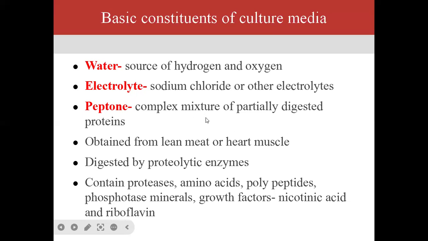Peptone is a complex mixture of partially digested protein. This peptone is obtained from lean meat or heart muscle, and it is digested by proteolytic enzymes. If you see the composition, peptone consists of proteases, amino acids, polypeptides, phosphate, minerals, and growth factors.